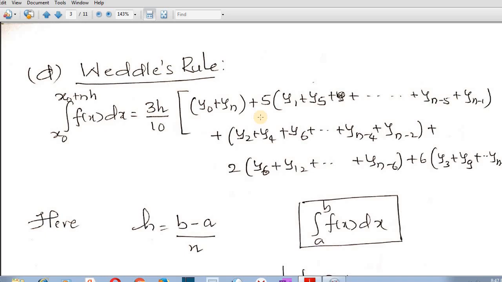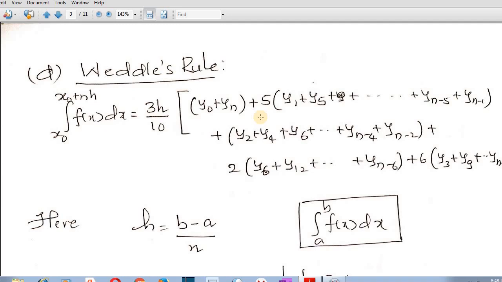This is the fourth formula, called Weddle's formula. By these four rules, we can evaluate the values of an integral.